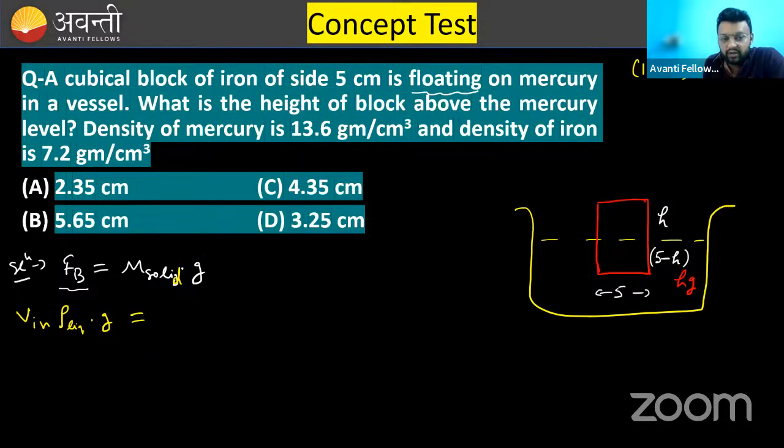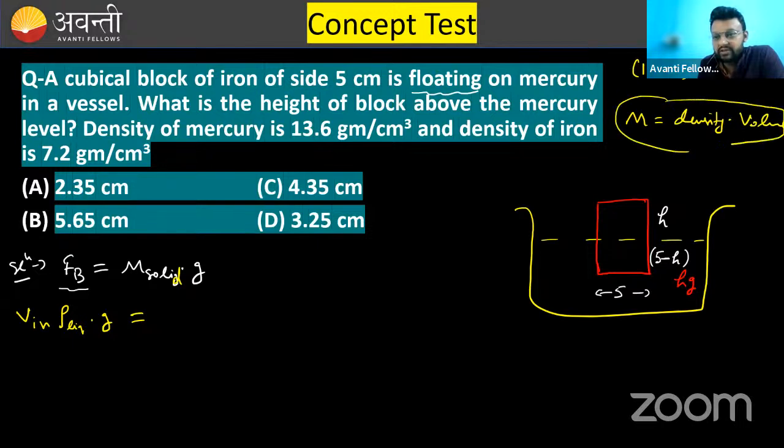What is the mass of the solid? Actually, mass is not given, so we need to calculate the mass as well. You know the formula: mass is equal to density into volume. So I am putting the values.